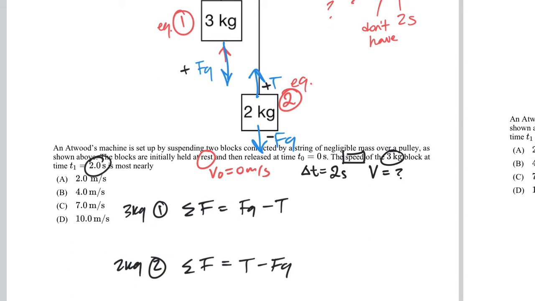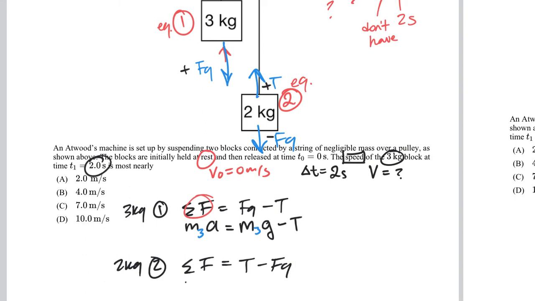So I know that my force is going to be equal to mass times acceleration. Particularly, this is going to be mass of the 3 kilogram block times acceleration. It's going to be equal to mass of the 3 kilogram block times gravity for F of G, and then that's going to be minus T.